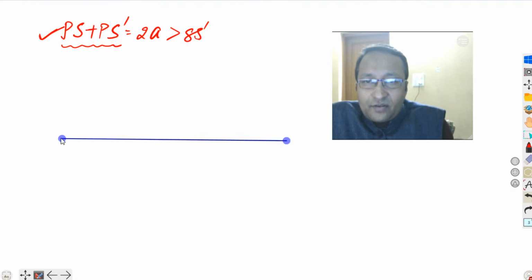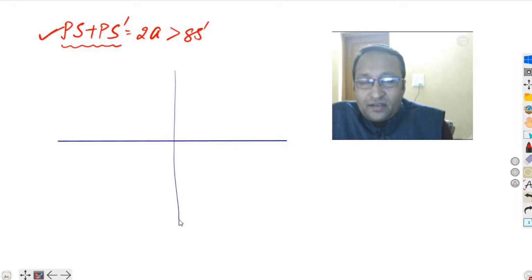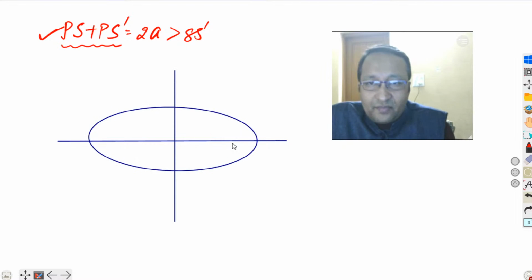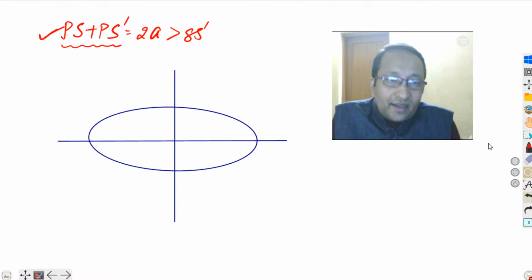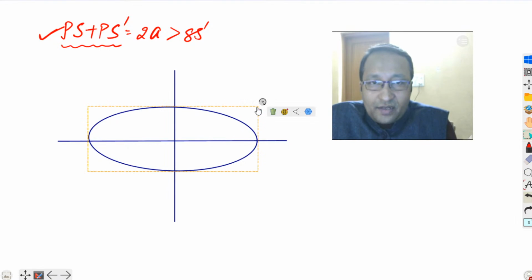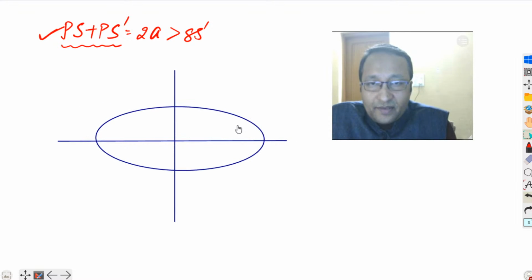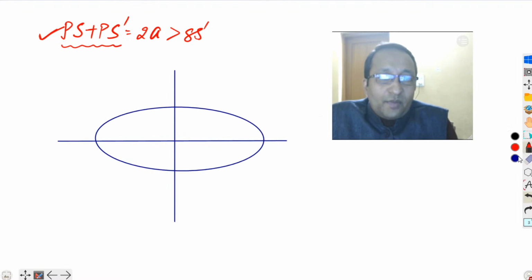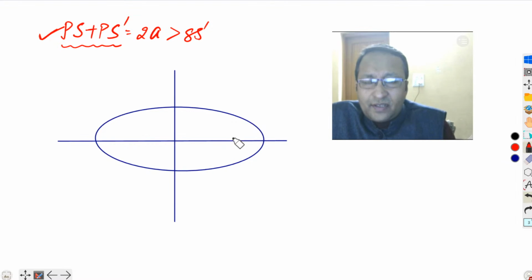So let us take a line as the axis of the ellipse, another line as the other axis of the ellipse, and then let me try some ellipse as a diagram. If I look at it and try to make it a bit, yeah, somewhat perfect. So how do I prove that the normal bisects the angle? This basically is the best part of this particular geometrical interpretation.